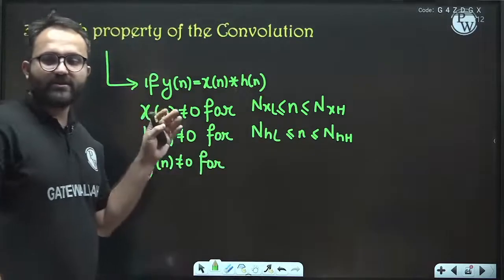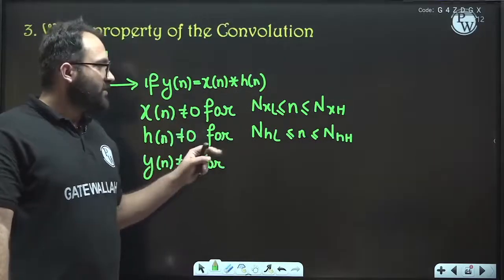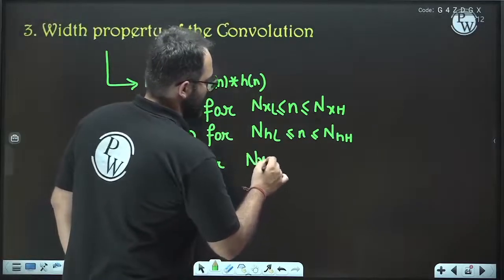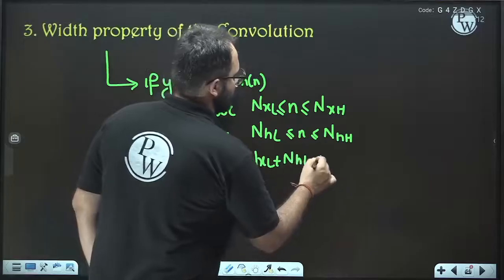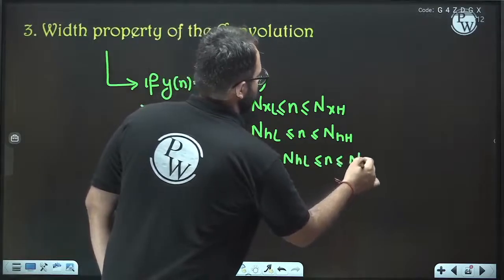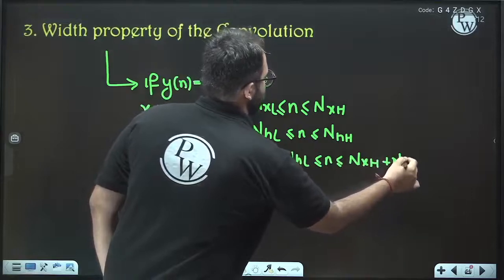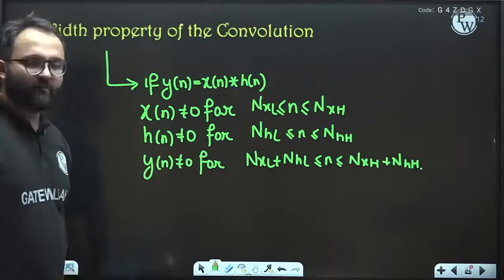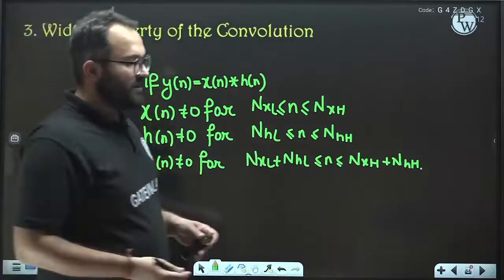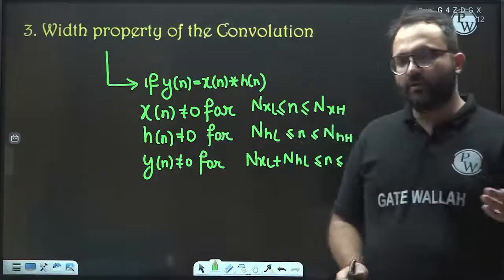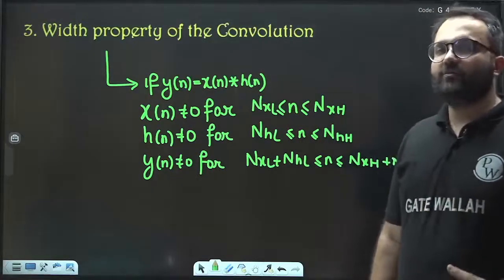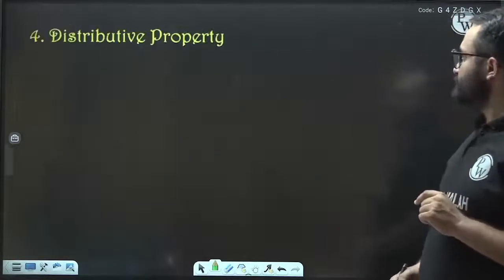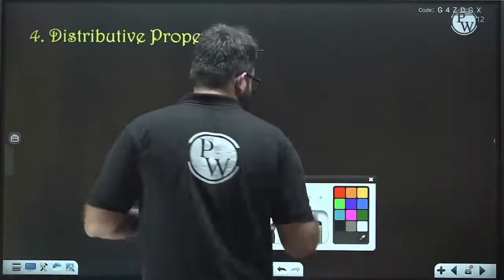Do you remember the property in continuous time? Yes, I think you all know it. So this will be the range of y[n]. There is one more property in this discrete case, but I will tell you later in the later slides, where I will tell you one more method called the tabular method of convolution of discrete signals.